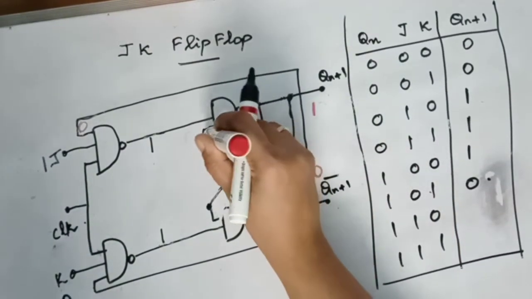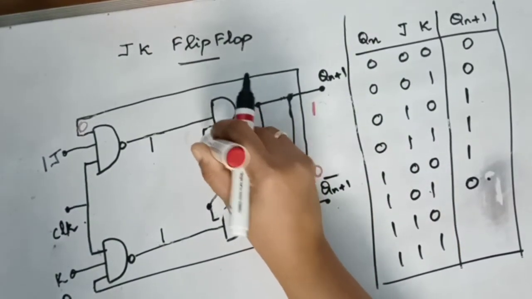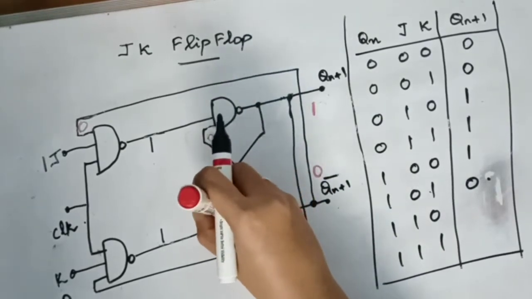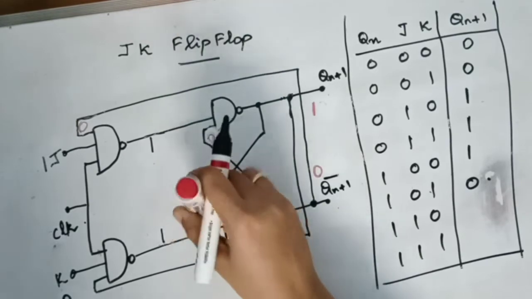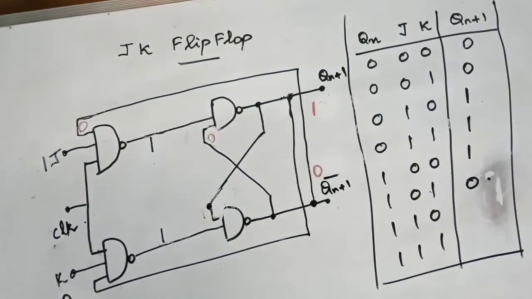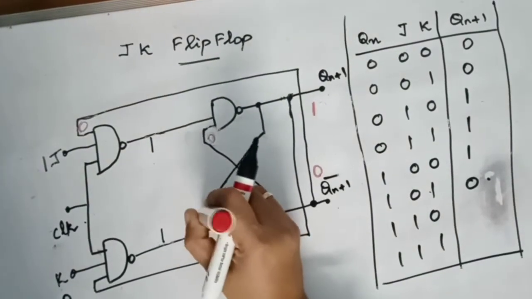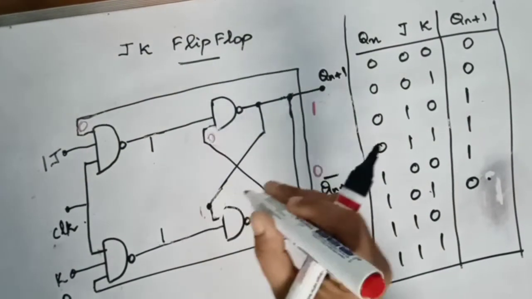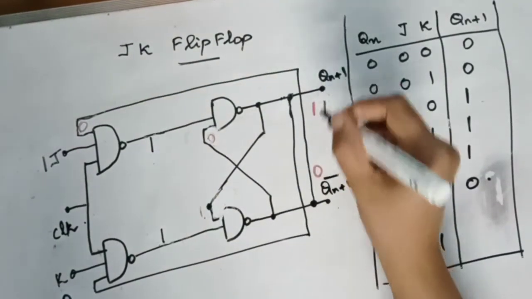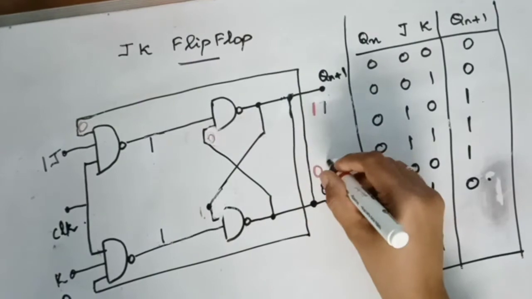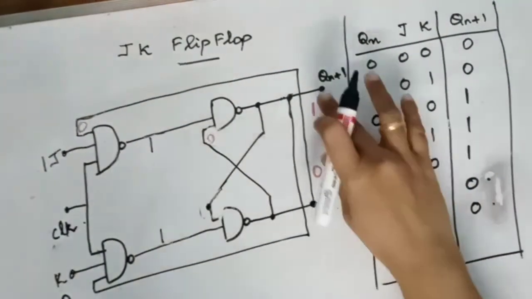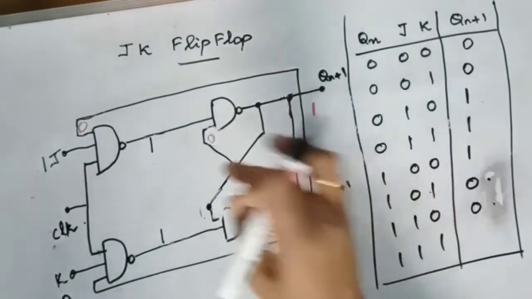That is, this is 0 and this is 1. So 1 0, that becomes a 1. 1 1, that becomes a 0. So this is 0. Last state again, it is 1.